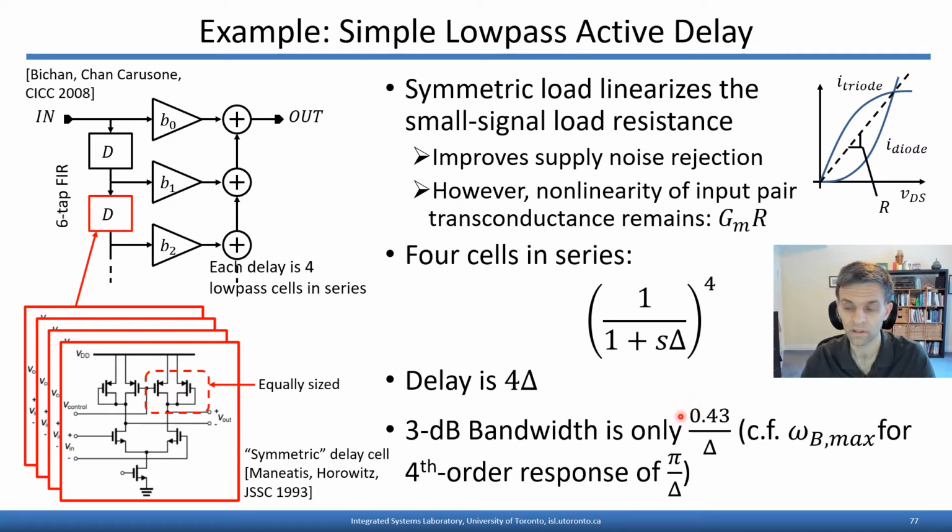So it's related to the delay here, 0.43 divided by the delay, and that's far below the maximum bandwidth achievable for a 4th order response, because we're simply using 4 left half plane real valued poles to realize the delay. They're not optimized in any way as they would be in, for example, a Bessel or equal ripple response.